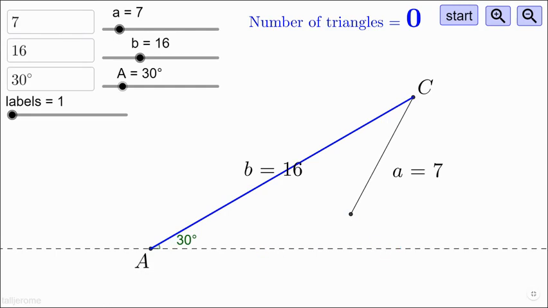Now, how did we choose that horizontal line? It's not by chance. It is because of the 30 degrees. If I were to angle this horizontal line up, then the 30 degrees would change. But I know that the blue line and this dotted line must make 30 degrees, so the angle between these two lines can't change.